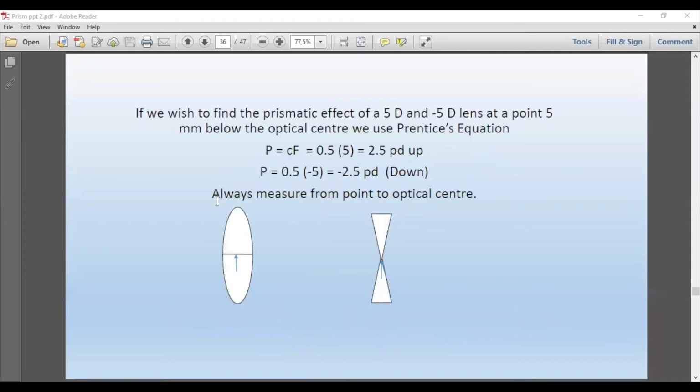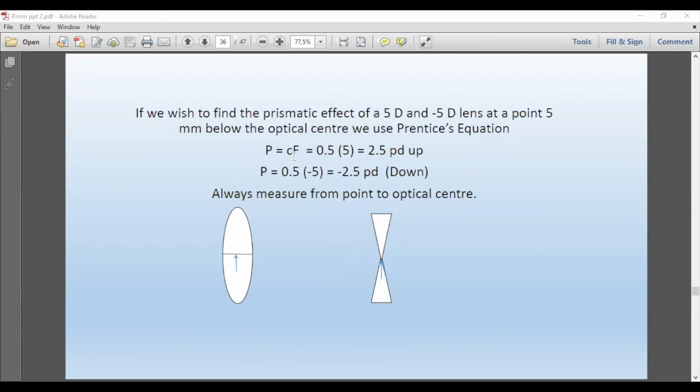Right, so for example, if we wish to find the prismatic effect of a +5 and a -5 lens at a point 5 millimeters below the optical center, we use Prentice's equation, P is equal to CF.